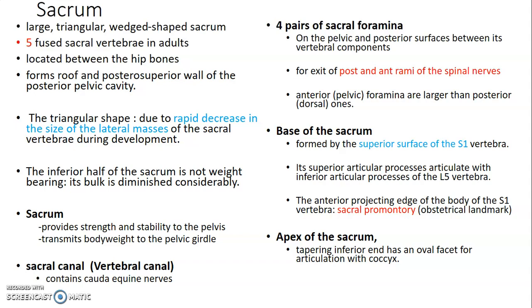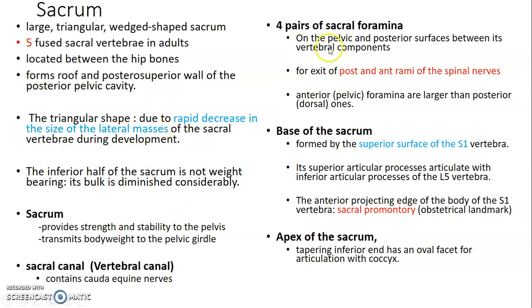Remember, the inferior half of the sacrum is really not weight bearing because the superior part takes the weight through the sacroiliac joint to the pelvic girdle. The sacrum provides strength and stability for the pelvis, and it also transmits the body weight to the pelvic girdle. There is usually a sacral canal which corresponds to the vertebral canal, and this houses the lower spinal nerves which form the cauda equina.